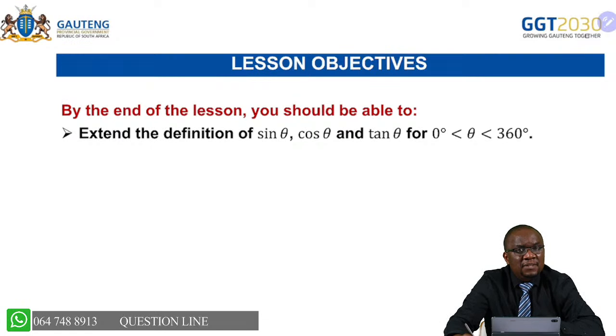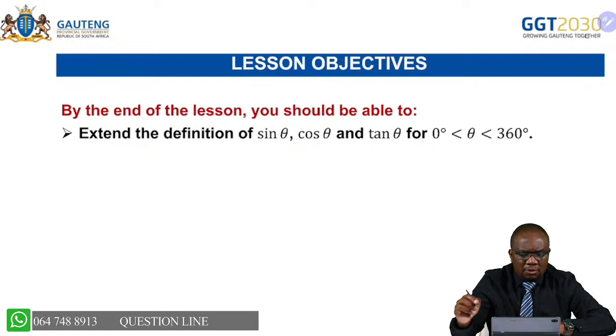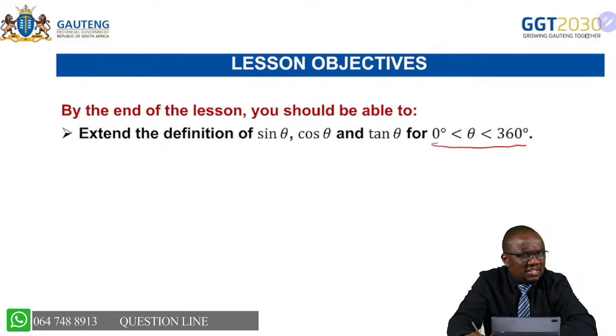Cos theta, adjacent side divided by hypotenuse. Then tan theta, opposite side divided by adjacent side. We define those three trigonometric ratios like that, isn't it? So today we're going to extend our definition for angles that are between 0 and 360 degrees.